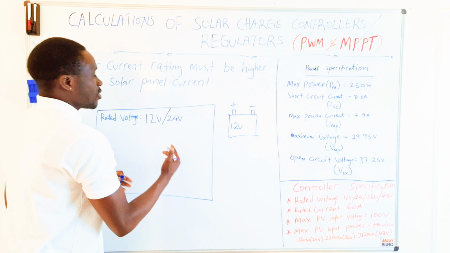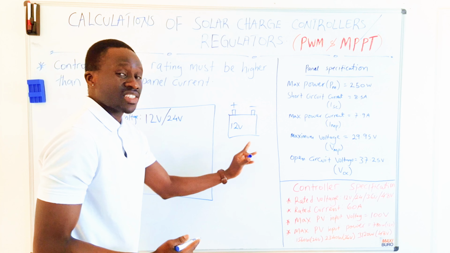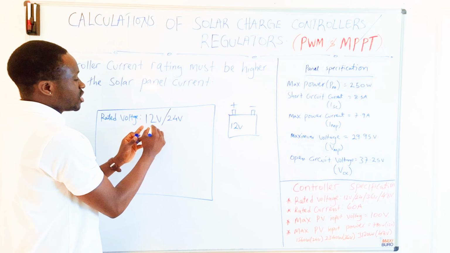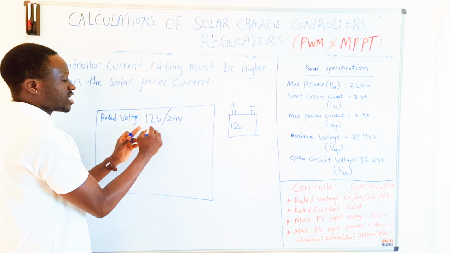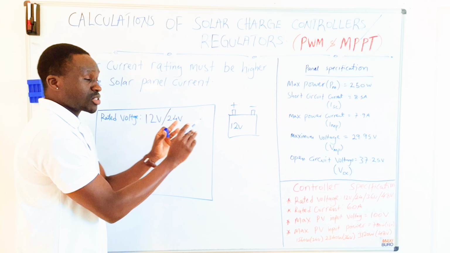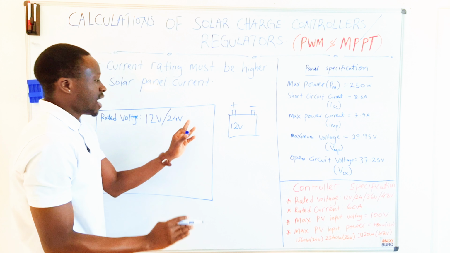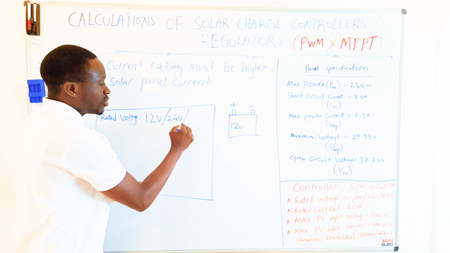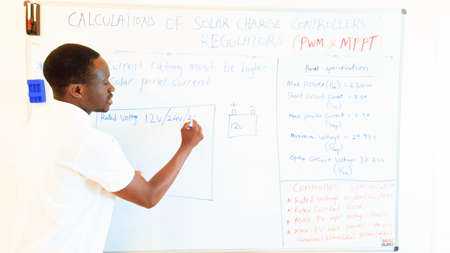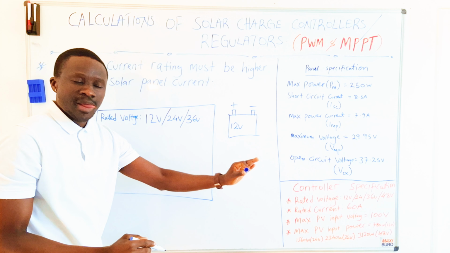Now, if you're going to connect your battery system at 36 volts, and this regulator is rated at 12/24 volts, please don't use it on a 36 volt battery. Go and look for a regulator rated 12/24/36 volts.